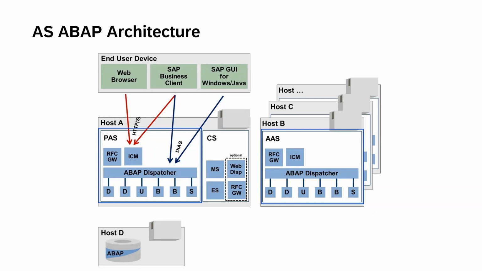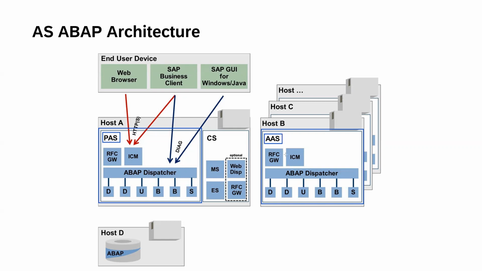Yes, okay, but here is my question. See, now my question is that in the same screen, what difference do you see between this primary application server and this additional application server?